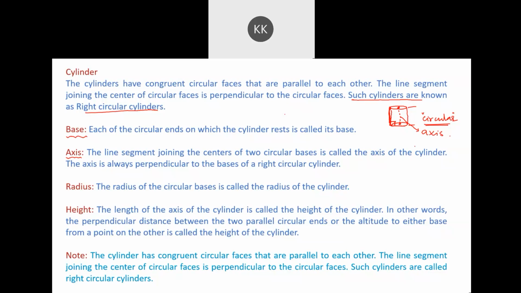This axis is always perpendicular to the radius. A radius is nothing but the radius of the circle, which is the radius of the base. Height is nothing but the length of this axis. This is called height.